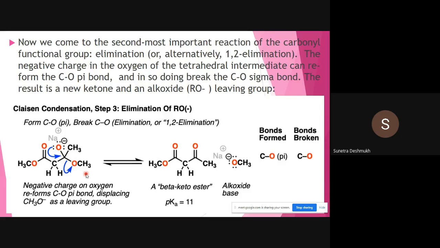In the final step, we generate this 1,3-dicarbonyl, a beta-keto ester having pKa 11, from our tetrahedral intermediate. So this is the last step of the Claisen condensation. Alternatively, this is a 1,2 elimination reaction.